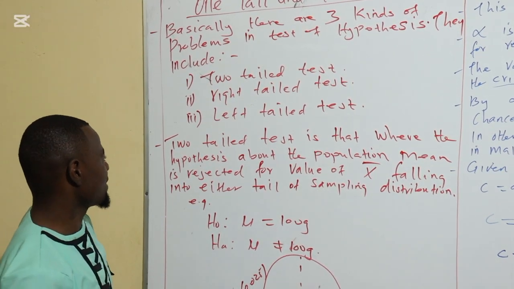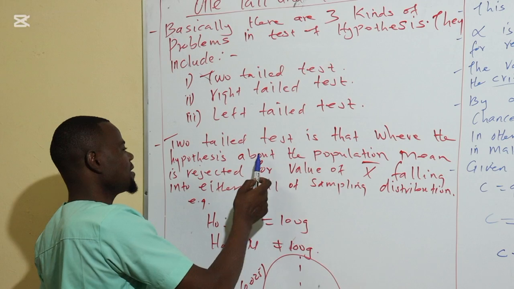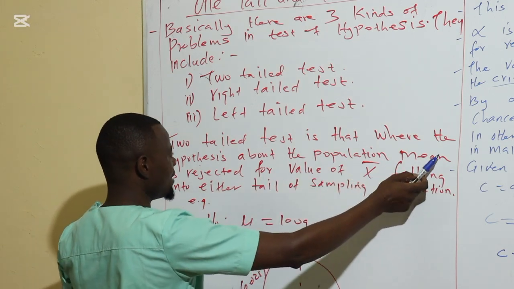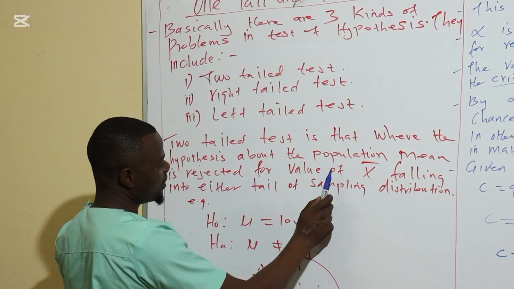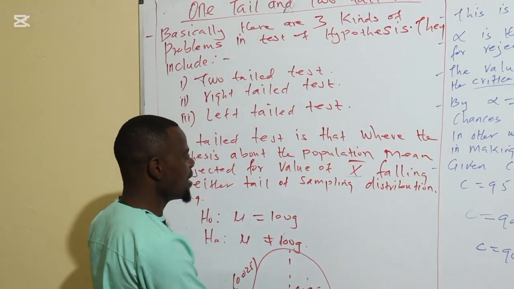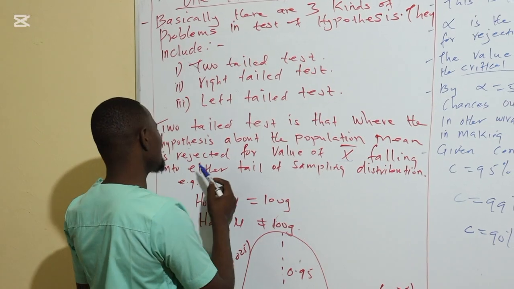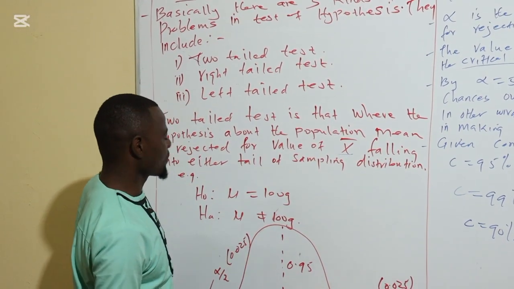What is a two-tailed test? Two-tailed test is that where the hypothesis about the population mean is rejected for the value of X bar. What is X bar? Sample mean falling into either tail of sampling distribution.